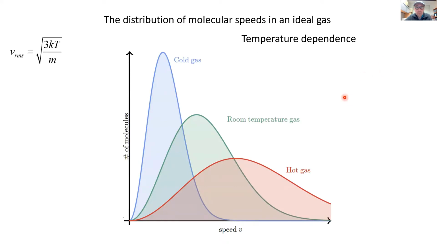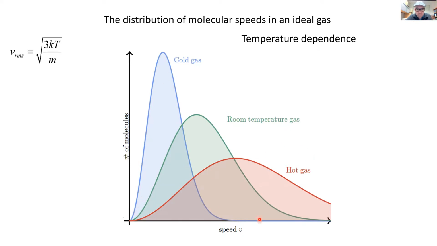Okay, so since the RMS speed increases with the square root of temperature, it takes the whole distribution with it. So here's what the distribution of speeds looks like for a cold gas, for a room temperature gas, and for a hot gas. So it shifts to the right. And the reason it gets wider and sort of lower is because we're considering the same amount of gas.